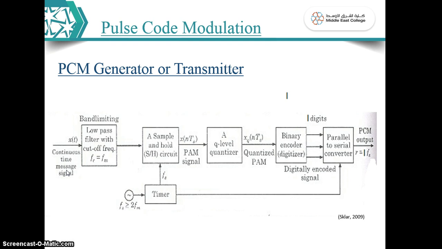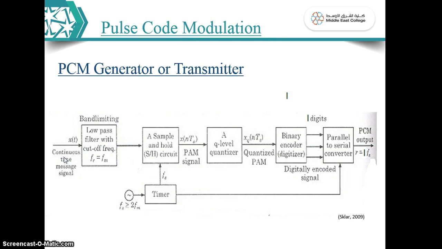So if you want to deal with digital, we have to convert it to a digital signal. This analog, continuous time message signal should first be converted to discrete form. For that we have to do the sampling process.